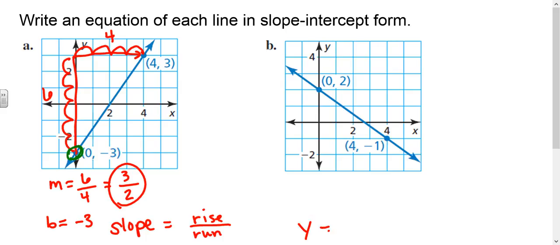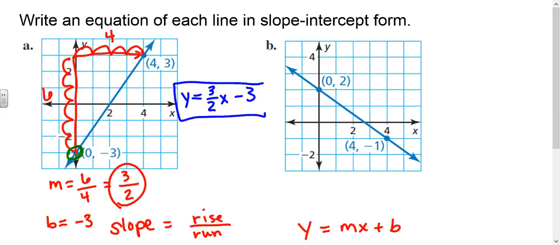Remember, it has to be in y equals mx plus b form, that's slope-intercept form. So my equation would be y equals 3/2 x, plus b, which is -3. You can put plus -3, or you can put -3, since it's negative. That would be your equation for part A.